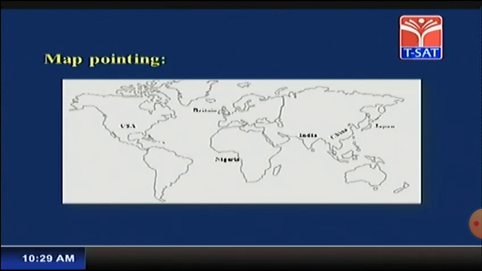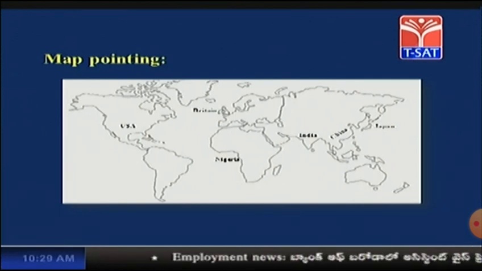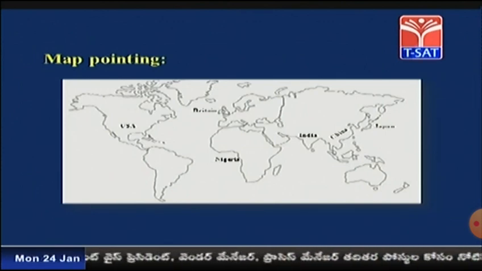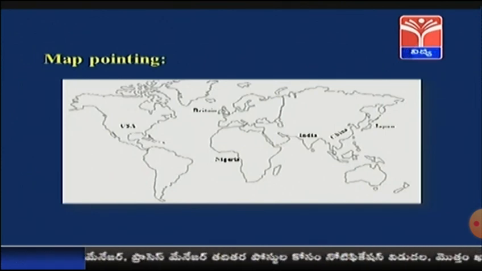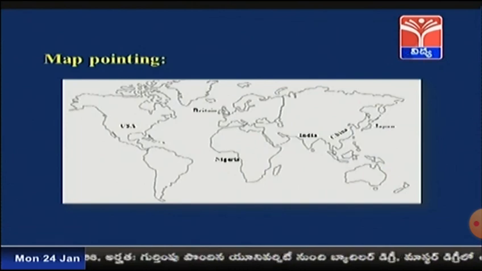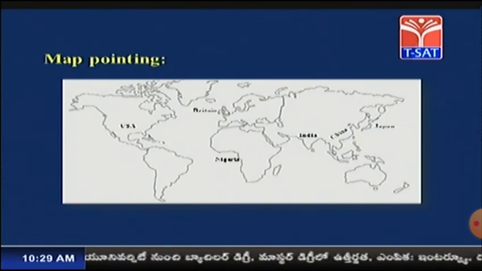After that, we learned about Nigeria. Here is Nigeria, on the west coast of Africa. With these two countries, we were comparing our own country, India. You can see India is here.